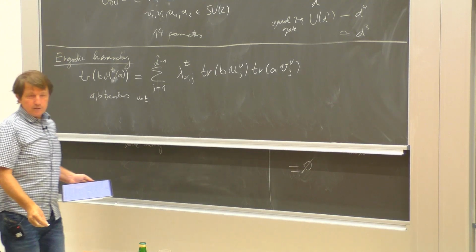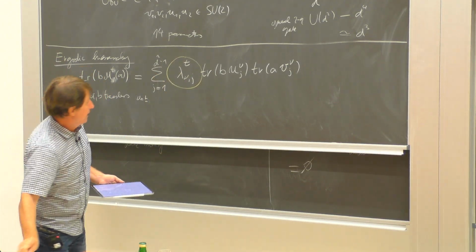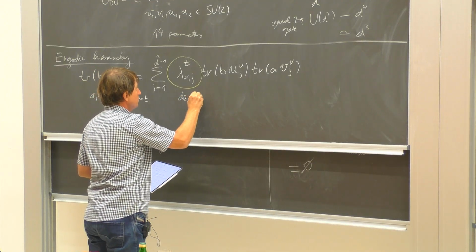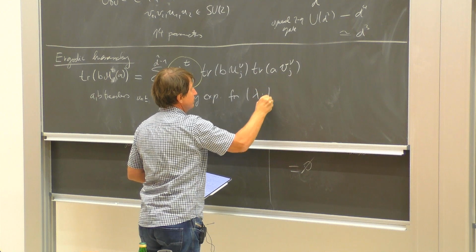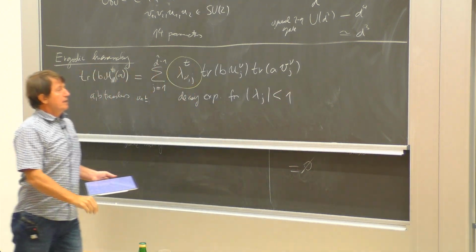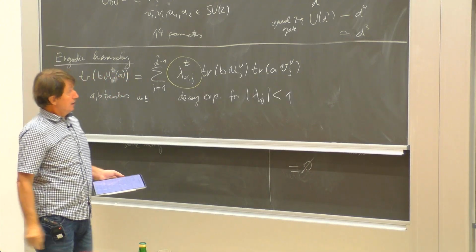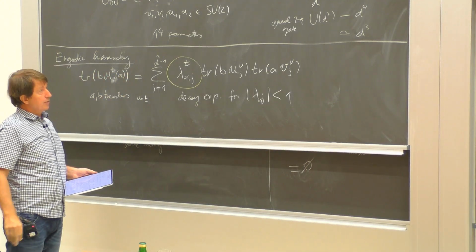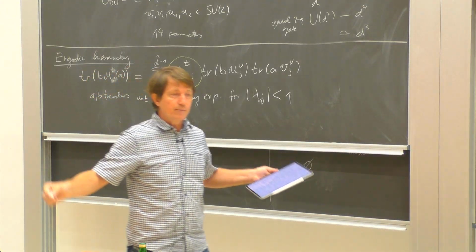So you see, the most important thing is of course this behavior, and this means it decays exponentially for lambda j less than 1. As soon as lambda nu j is less than 1, this term as a whole decays exponentially in time, which means we have exponential decay of correlations, which means we have exponential loss of memory of the initial condition.